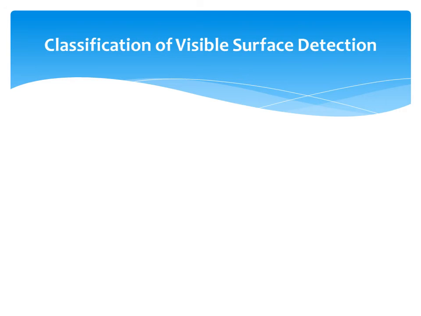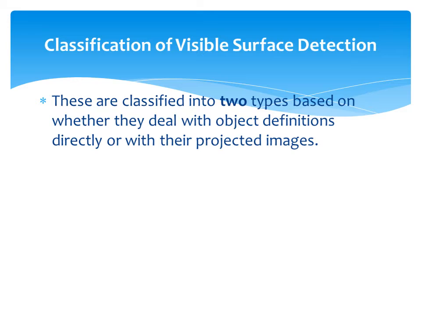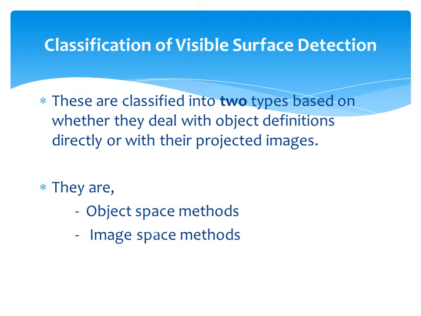Next one is the classification of visible surface detection. The visible surface detection methods are classified into two types based on whether they deal with object definitions directly or with their projected images. The two classifications are object space method and image space method.